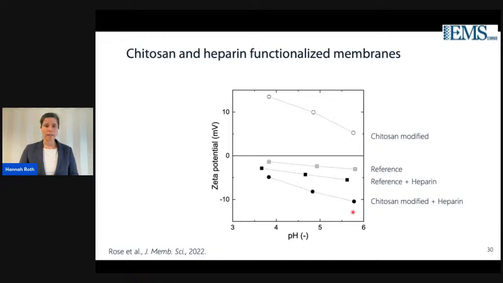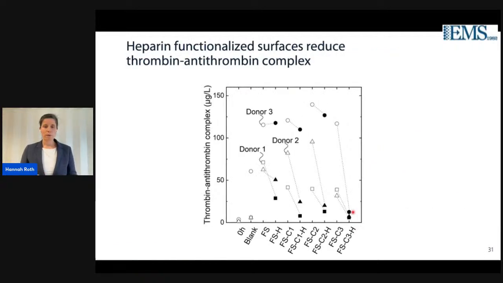And as a final test, together with a partner, we tested these surfaces on blood. What you can see here is the thrombin-antithrombin complex, which shows the coagulation of the blood. In the blank sample, the blood right after the donor gave it, there was no thrombin-antithrombin complex in the solution.